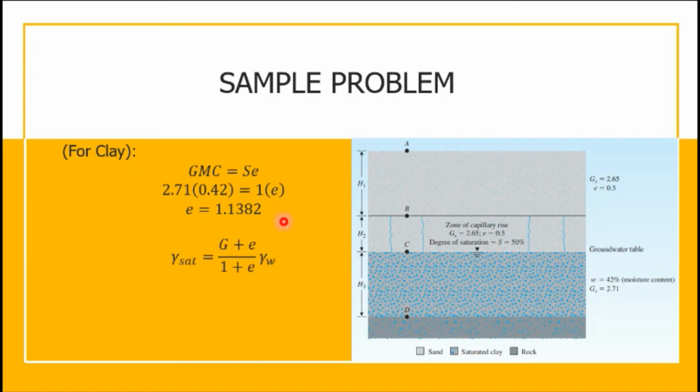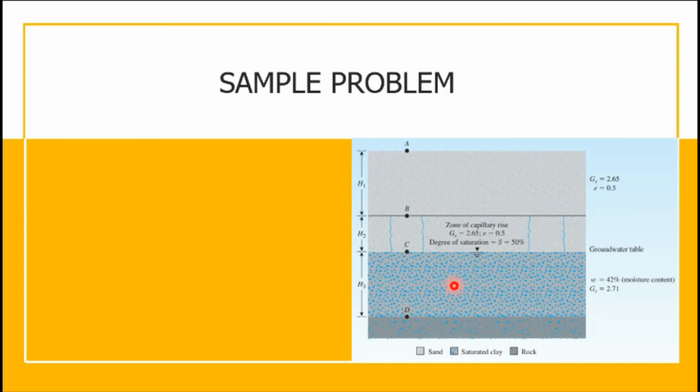Now we can get the saturated unit weight. Substituting the values, this will be 2.71 plus 1.1382 over 1 plus 1.1382, multiplied by 9.81. The saturated unit weight is equal to 17.66 kilonewton per cubic meter. So this will be the saturated unit weight of the clay.